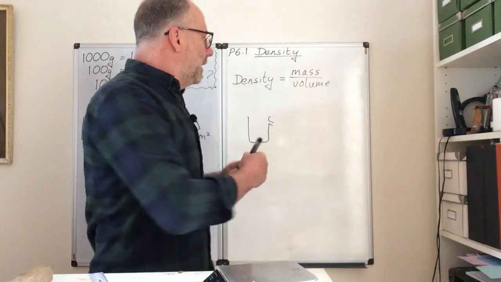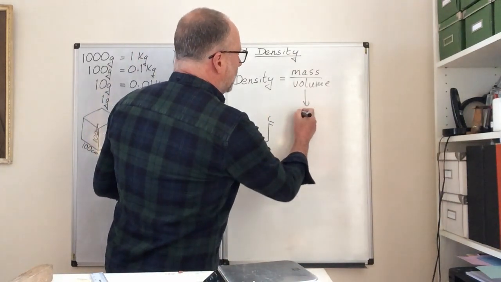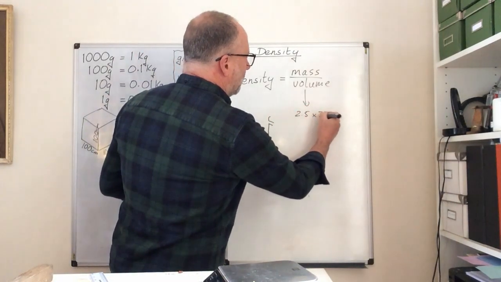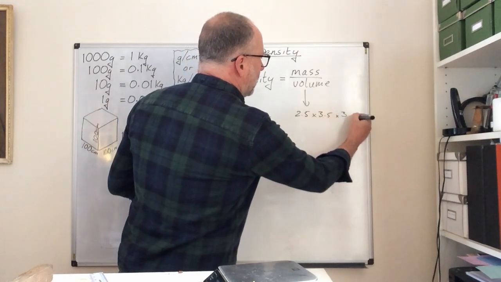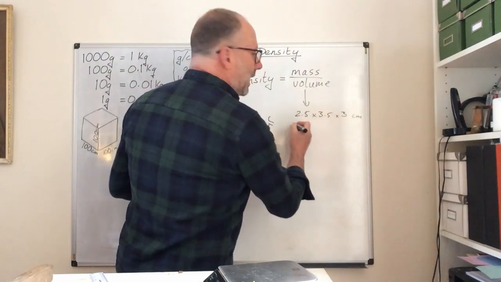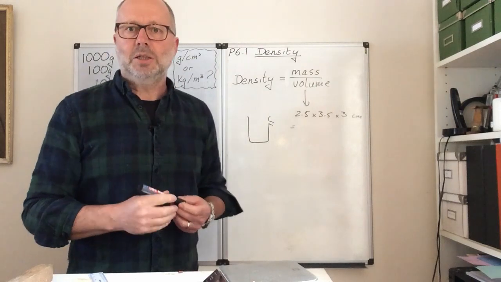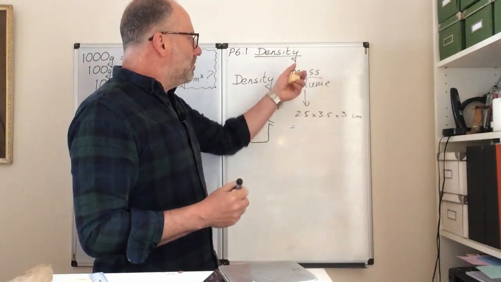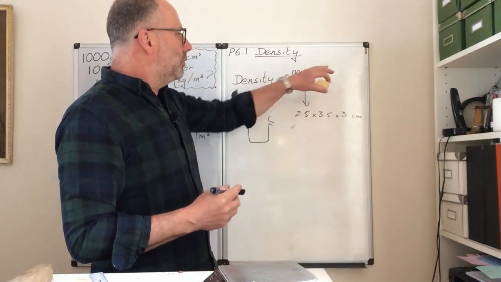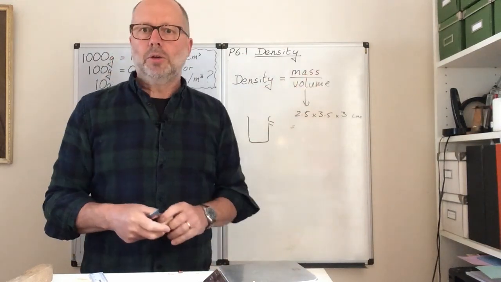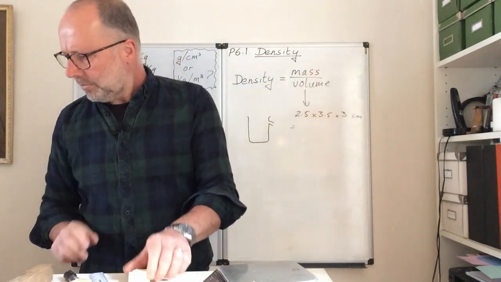So the volume is 2.5 times 3.5 times 3, and you would get an answer of a certain number of cubic centimeters. And you know the mass was 30, so you could divide the mass by the volume, and you end up with your density.